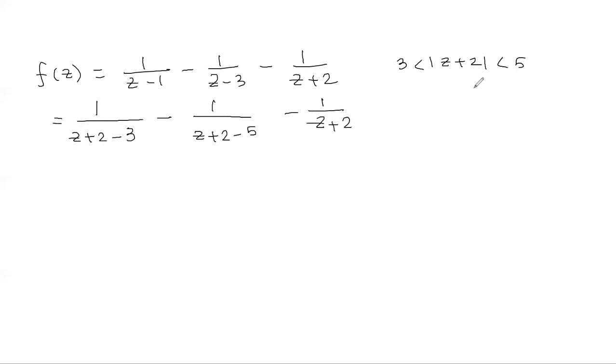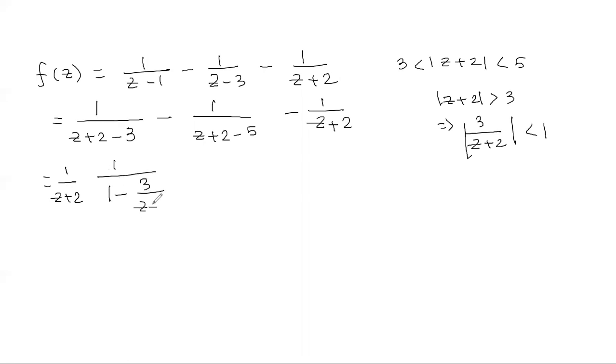Now here you see |z + 2| is strictly greater than 3. So from here I can write 3/|z + 2| < 1, so that we can use the geometric series. Here we'll take 1/(z + 2) and this becomes 1/(1 − 3/(z + 2)). Here |z + 2| is strictly less than 5, so we can write |z + 2|/5 < 1.